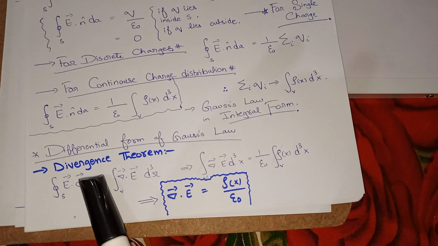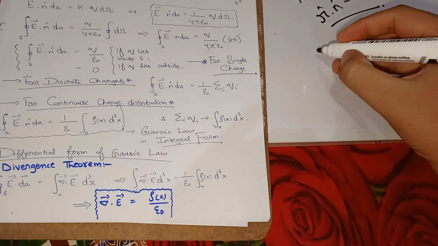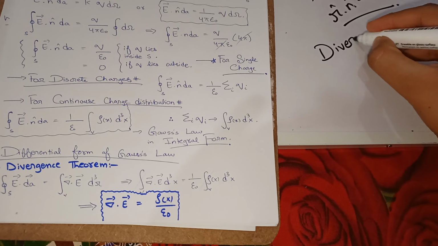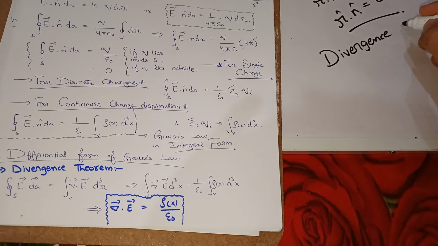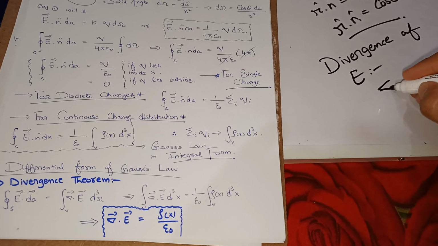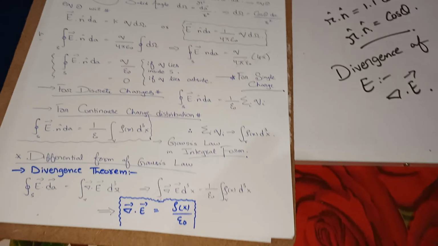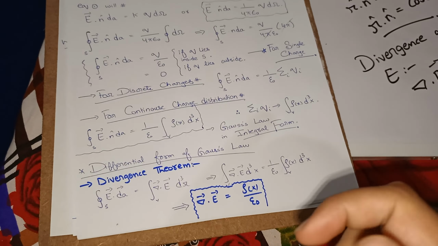Let me explain: what is the divergence of E? Del dot E. This is the divergence of E.